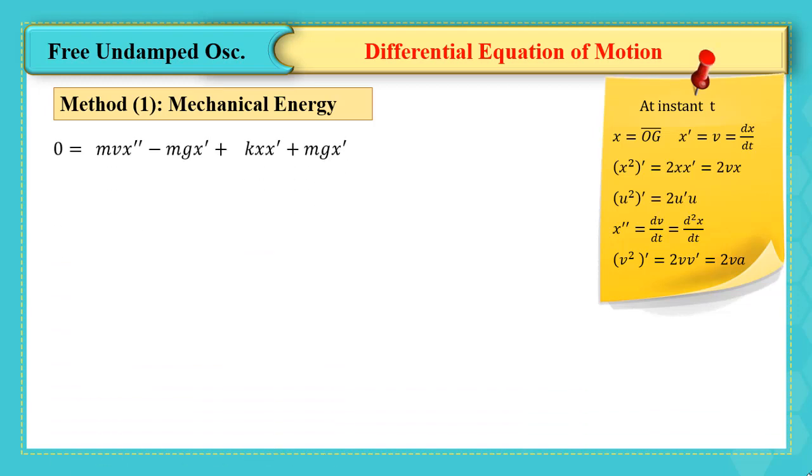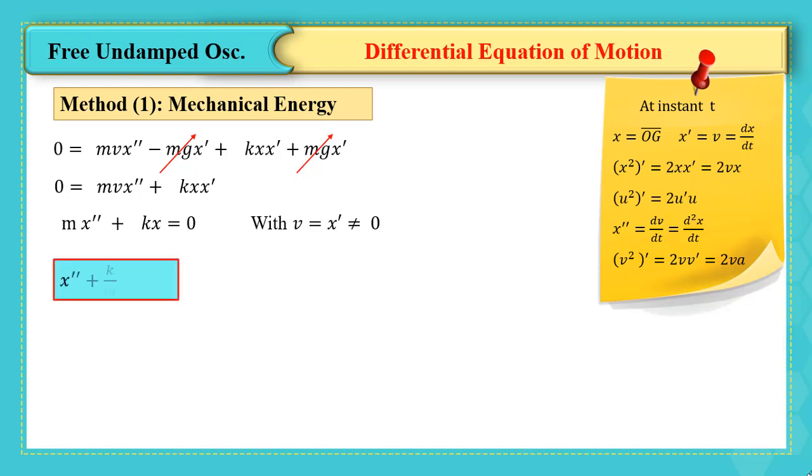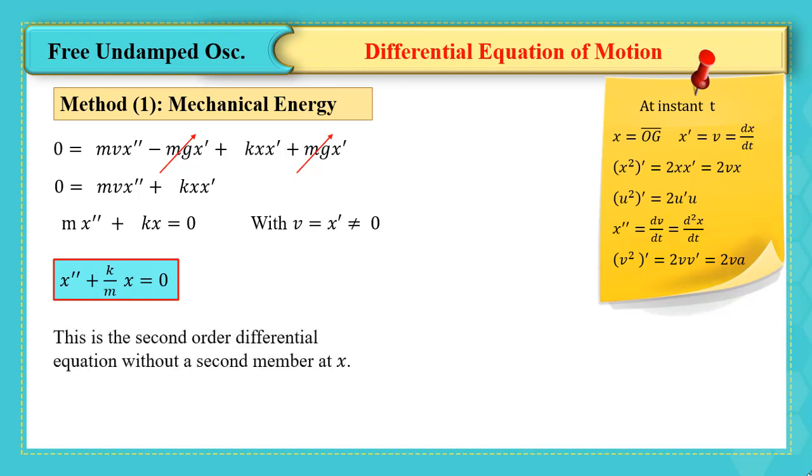Then minus mgx prime plus mgx prime gives 0. The answer is mx double prime plus kx equals 0, where v equals x prime, not equal to 0. The last answer is x double prime plus k over m x equals 0, and this is the second order differential equation without a second member at x.